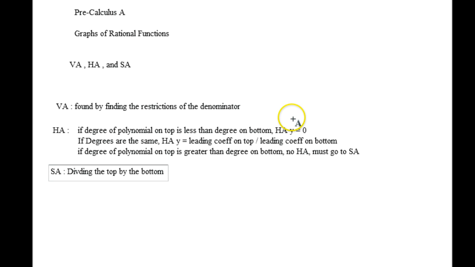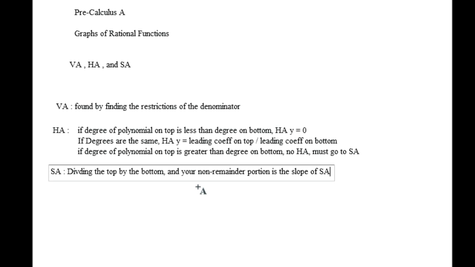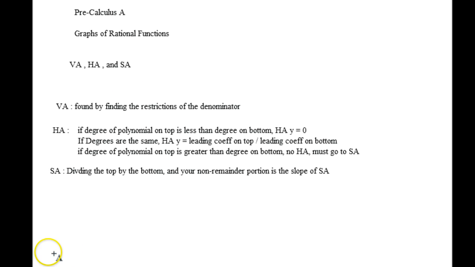Dividing the top by the bottom, and your non-remainder portion is the slope of the slant asymptote. Okay, so this one's going to take some time to practice. So let's start taking a look at some.